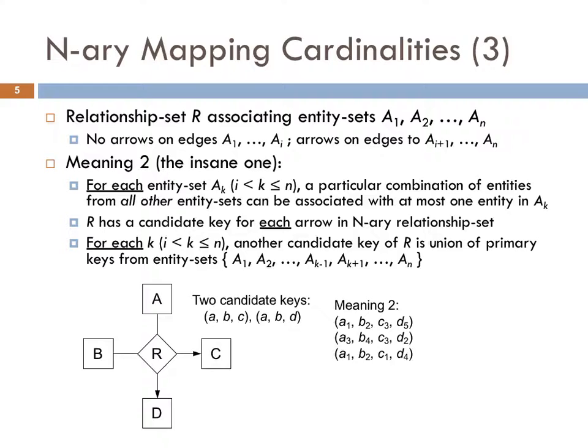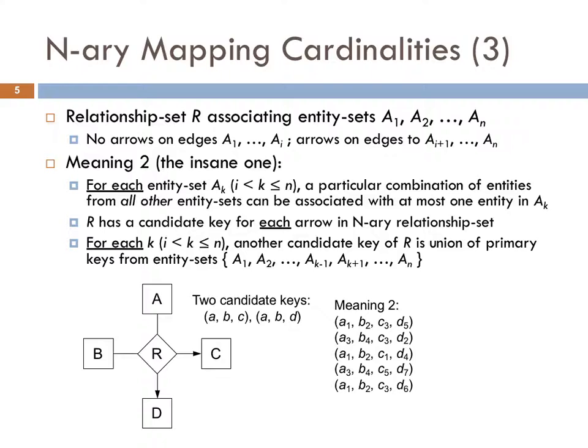A1, B2, C1, D4. That's okay, right? Because A1, B2, C1 doesn't appear anywhere else, and A1, B2, D4 doesn't appear anywhere else. A3, B4, C5, D7. Again, the ABC triplet doesn't appear anywhere else, and the ABD triplet doesn't appear anywhere else.